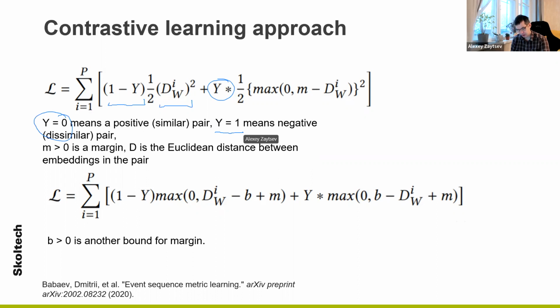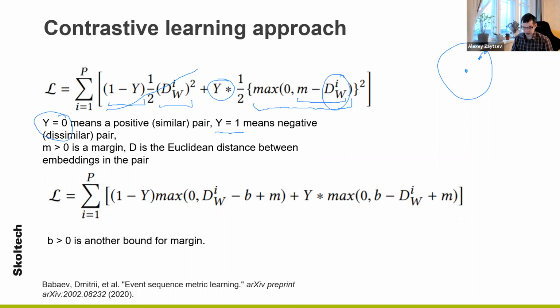That means that we don't care about this term, but for this term, we want the distance to be as large as possible. So we penalize if this distance is smaller than the margin. If it's smaller than the margin, then we have this positive penalty for it. And we have this margin here, and this distance that's smaller, and we have this penalty. Here we multiply it by itself, so we have a square of this part of our contrastive loss, and so we have this basic loss.